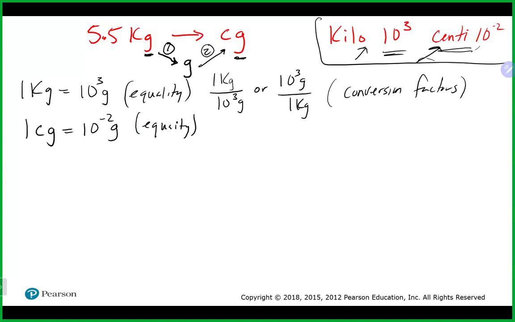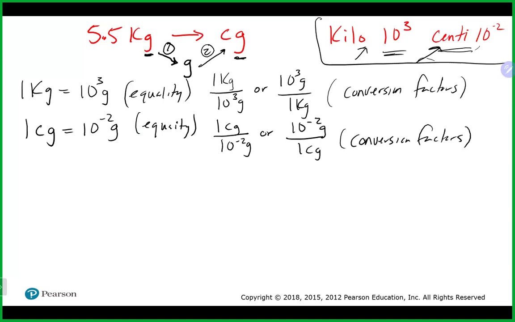That's going to also yield me two possible conversion factors that I could use, which is 1 centigram up on top, 10 to the minus 2 grams on the bottom, or just flip it around, 10 to the minus 2 grams up on top, 1 centigram on the bottom, being my conversion factors here. First off, any questions so far, how I got everything?